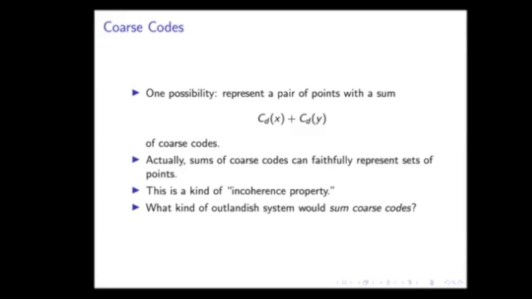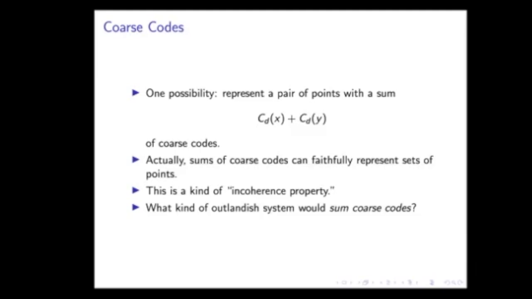This also leads into compressive sensing, which I'll talk about a tiny bit later. In compressive sensing, we would call this property of the map CD, that if I have distinct elements x, y, z, then the images CDx, CDy, CDz are linearly independent, an incoherence property.